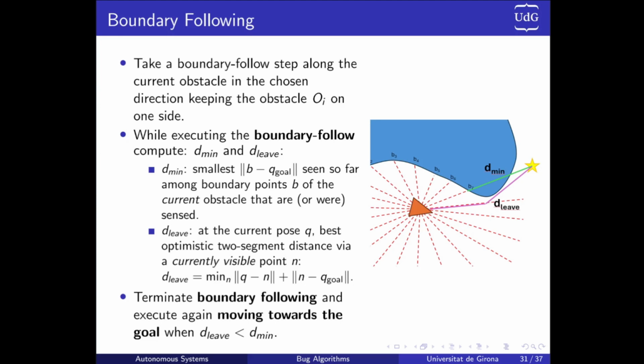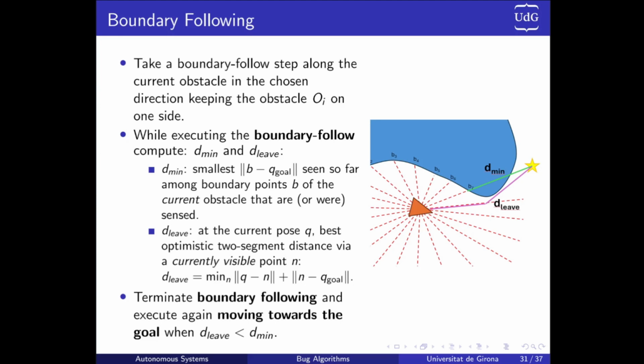And we will store the minimum, okay? This is the d-min. In the d-min I have the smallest distance from one sensed point to the goal sensed so far among the boundary points B of the current obstacle, the one that we are following. This is one thing that we have to measure.